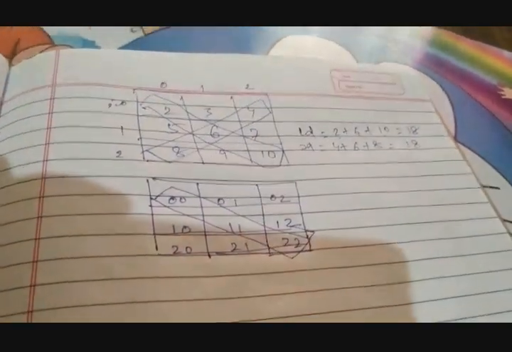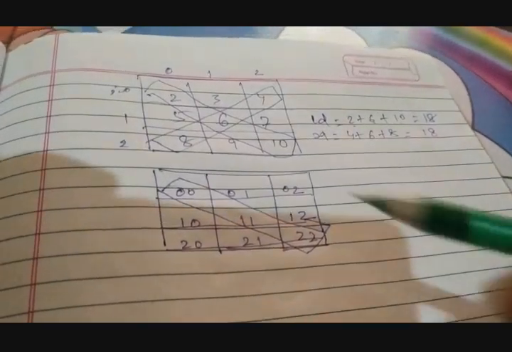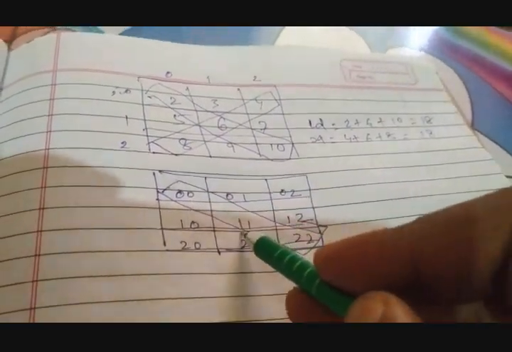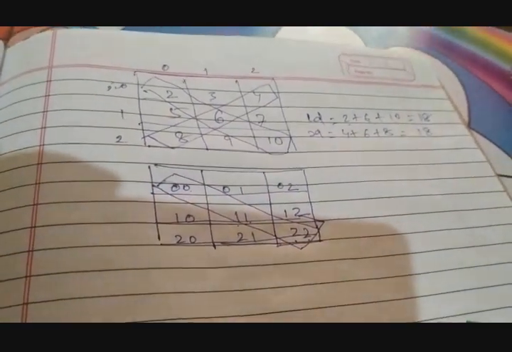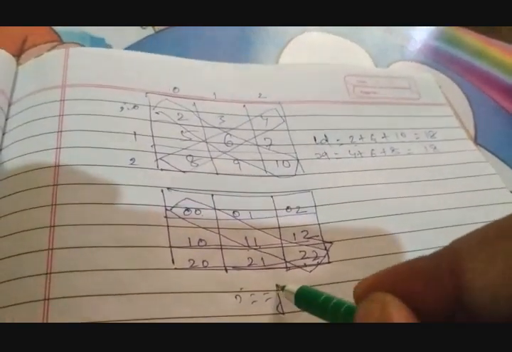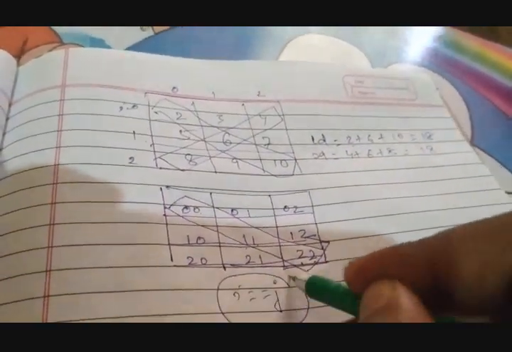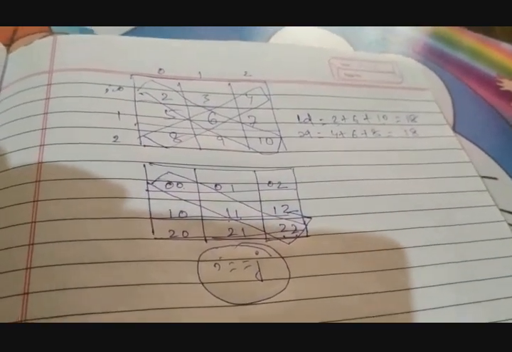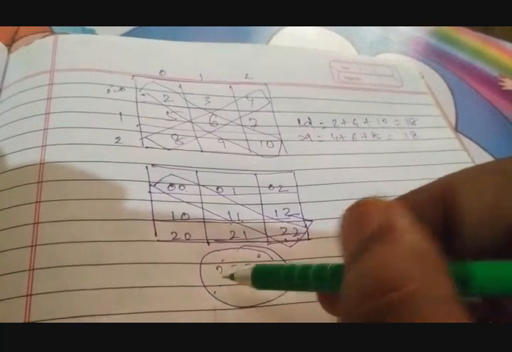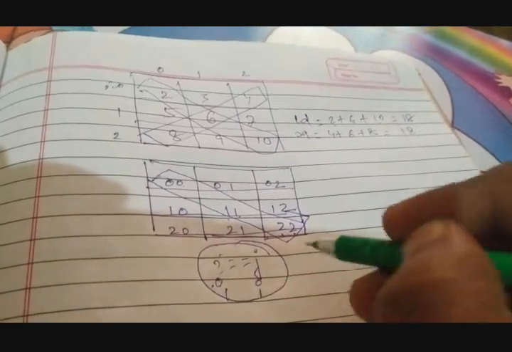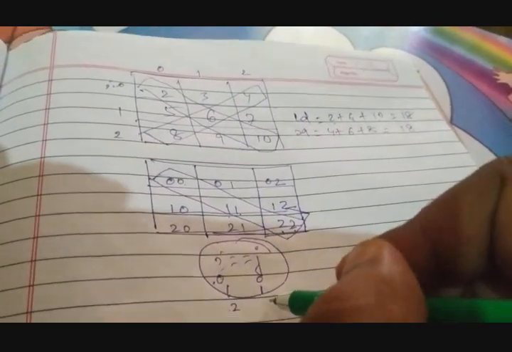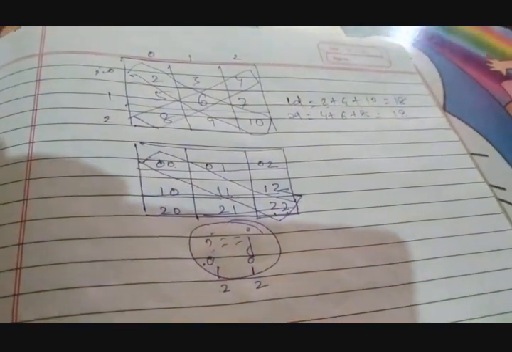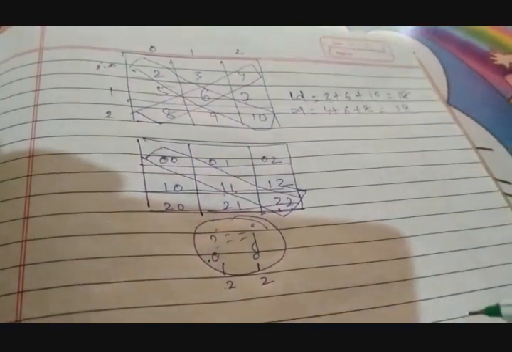For each element there is an i and a j. When a left diagonal is formed, i is equal to j. When i is 0, j is 0; when i is 1, j is 1; when i is 2 and j is also 2, then you can find the sum. So the left diagonal can be found like this.